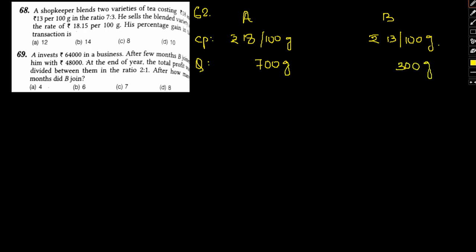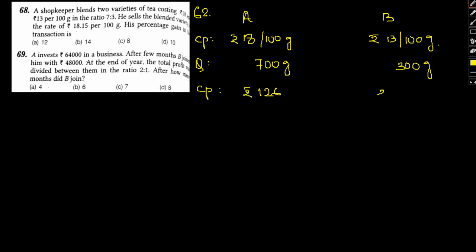Therefore the CP in this case, individual CP, will simply be 18 into 7, that would give us 126 rupees.